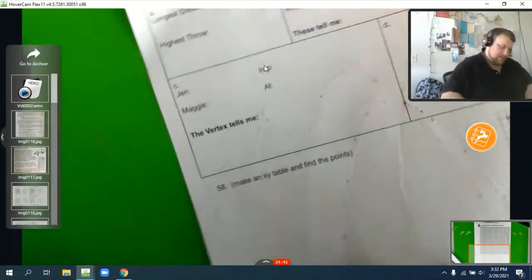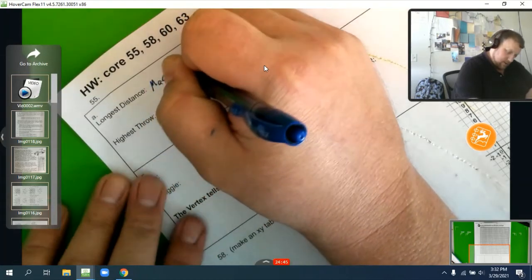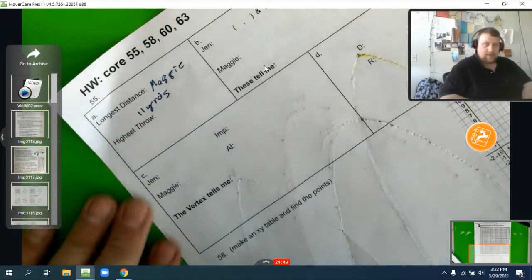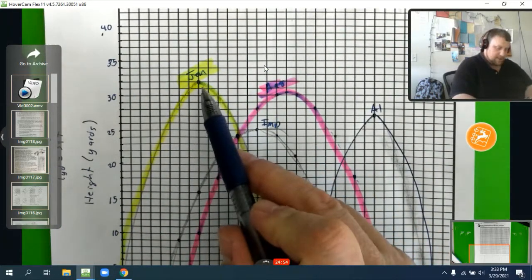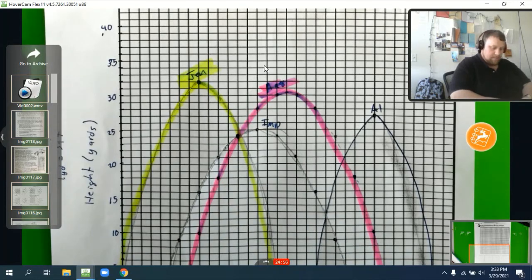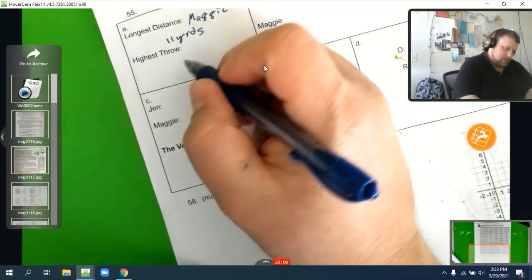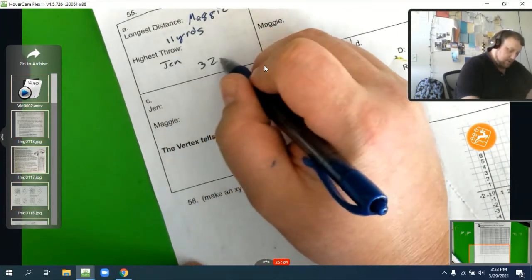Longest distance is Maggie with 11 yards. Who had the highest throw? Well, that's easy to see from the graph. Who goes up highest? Jen does, by just 1.75 higher than Meg, with 32 yards. Highest throw was Jen with 32 yards.